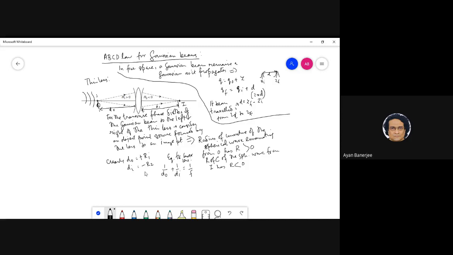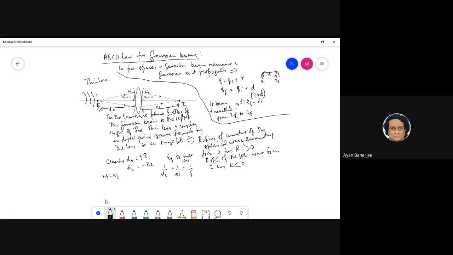Now what is again very crucial is the waist size. If I take the waist size immediately here as W1, and this one as W2, by definition they have to be equal, right?